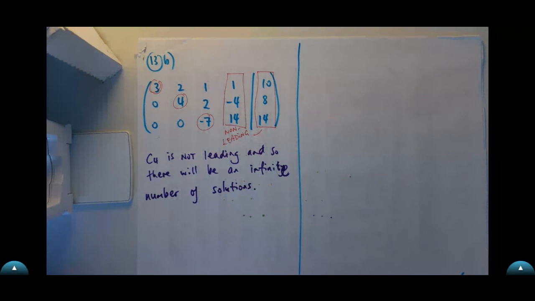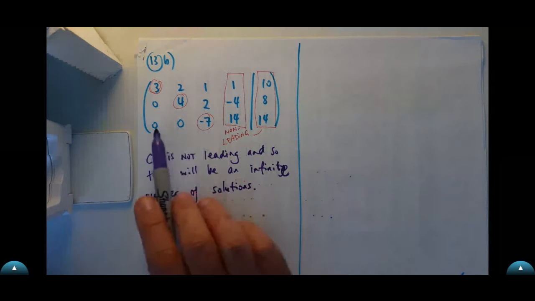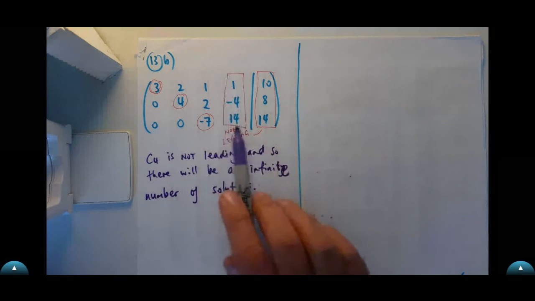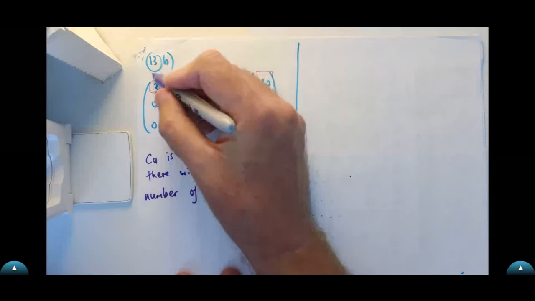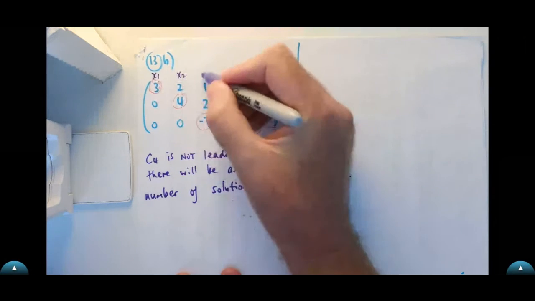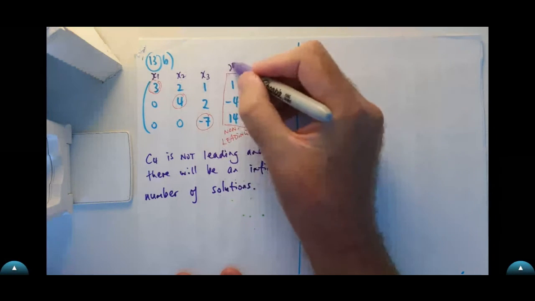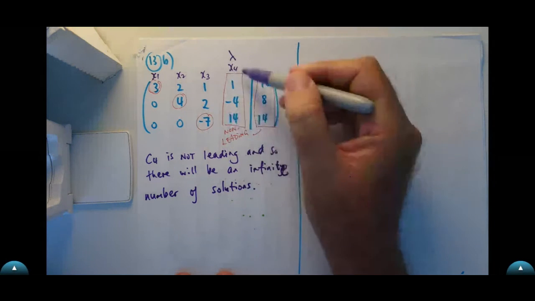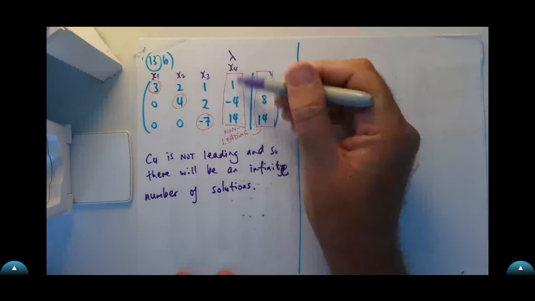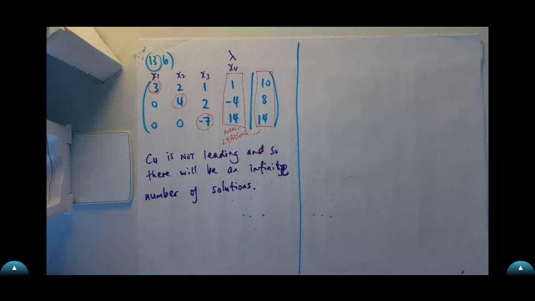All right, so what do we do? Well, one way here is to look for the non-leading columns on the left and introduce a parameter. So this is your x1 column, x2 column, x3 column, x4 column. Let that non-leading column's variable be your parameter.